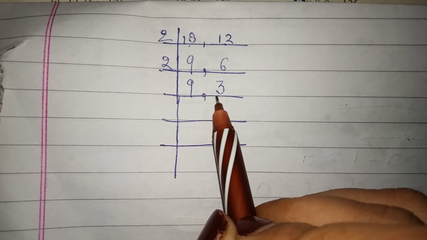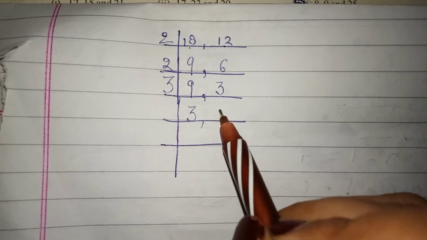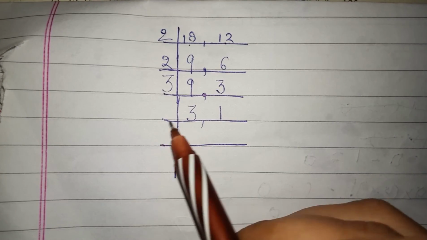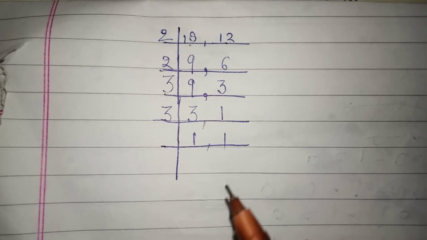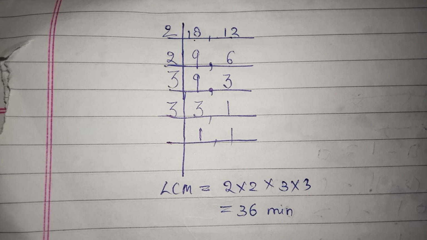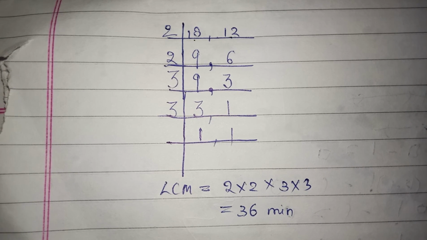Now these two numbers are not divisible by 2, so we will take 3 here. 3 3s are 9 and 3 1s are 3. Now again this 3 is divisible by 3. The LCM of these two numbers is 2 into 2 into 3 into 3, that is 36 minutes. So these two will meet again at the starting point after 36 minutes.